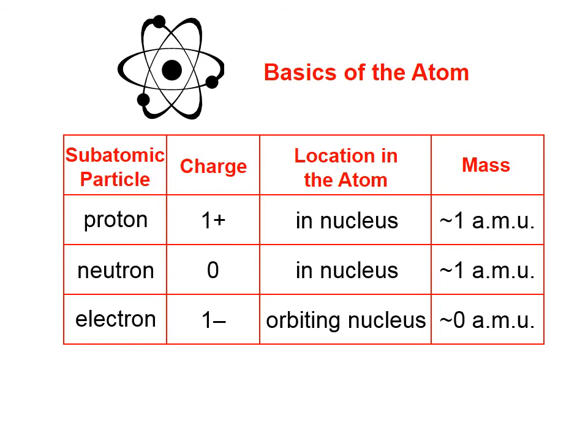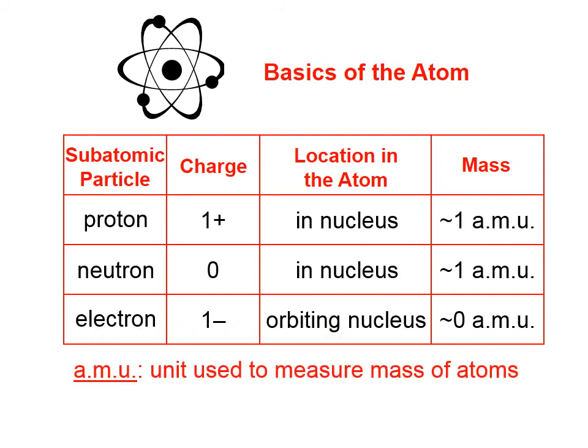They essentially have almost no mass. An AMU is the abbreviation for atomic mass unit, which is what we use to measure atoms. In case you're wondering, it takes almost 2,000 electrons to equal the mass of a single proton or neutron.